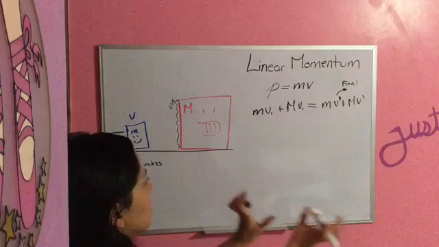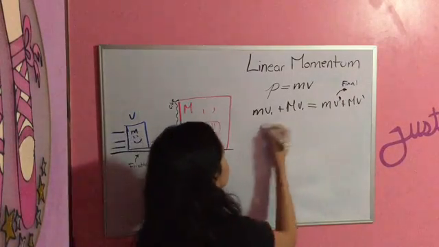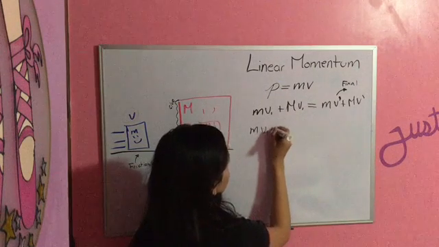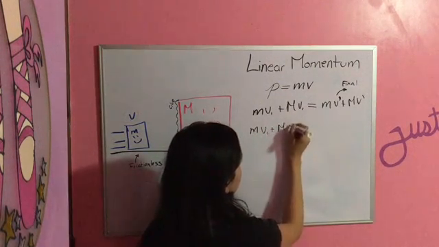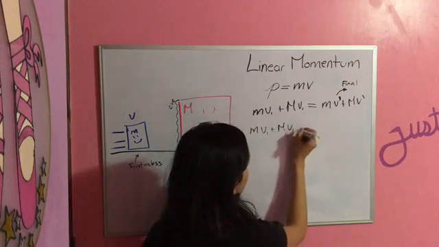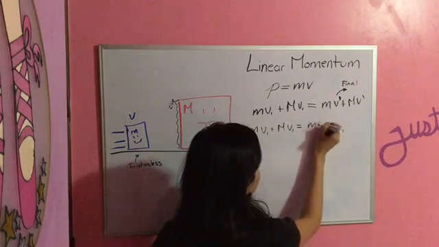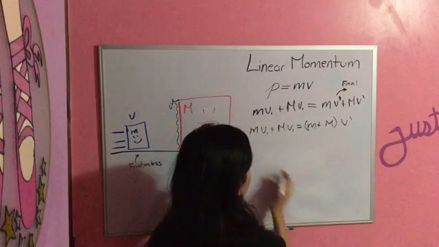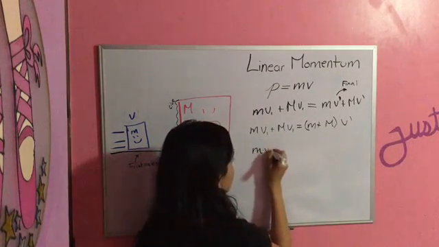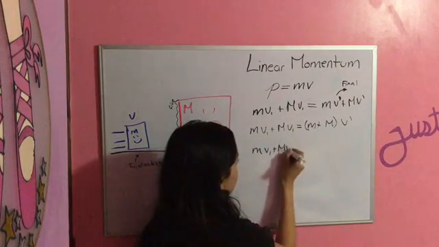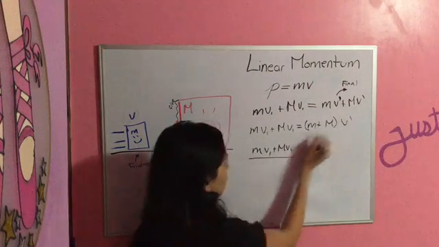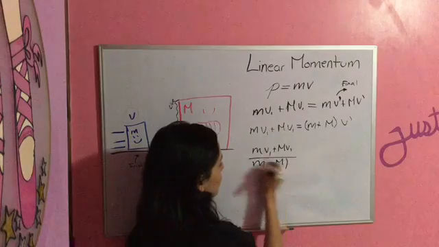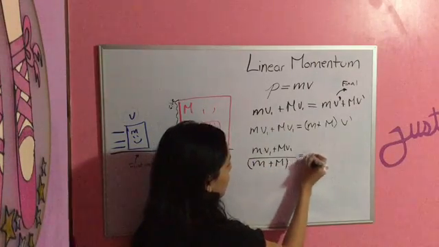So at the end, our equation will be something like this: m times the initial velocity equals m plus M times the final velocity. So we only have to isolate the final velocity and we'll get an equation like this.